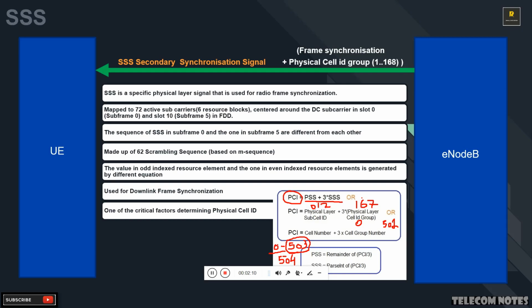So this type of planning has been done in case of PCI. And to get the PSS value, it will be the remainder of PCI divided by 3. In case of SSS also, it's the PCI divided by 3.